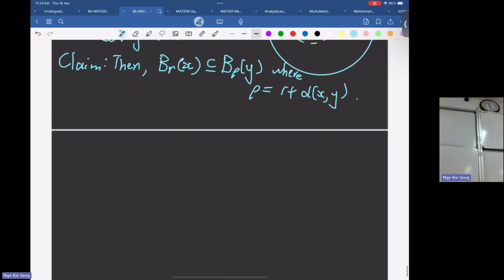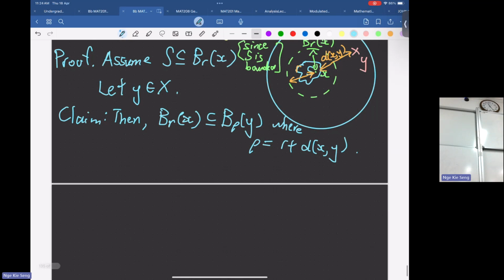So how do we show this? This is a subset inclusion, right? We need to show that for every z in B(R, X), z is in B(rho, Y). Take z in B(R, X).